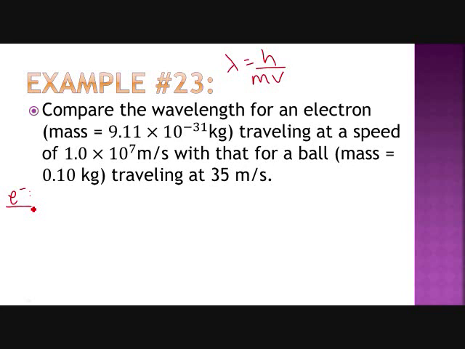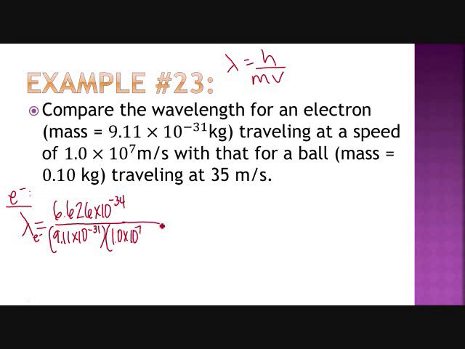So for the wavelength of the electron, I'm just labeling my wavelength with e negative for electron. It's 6.626 times 10 to the negative 34 over 9.11 times 10 to the negative 31 times 1.0 times 10 to the 7th.